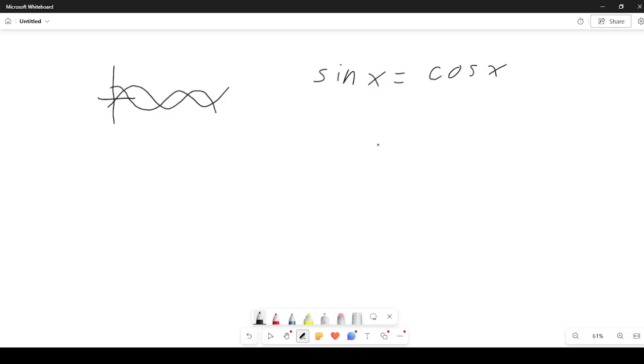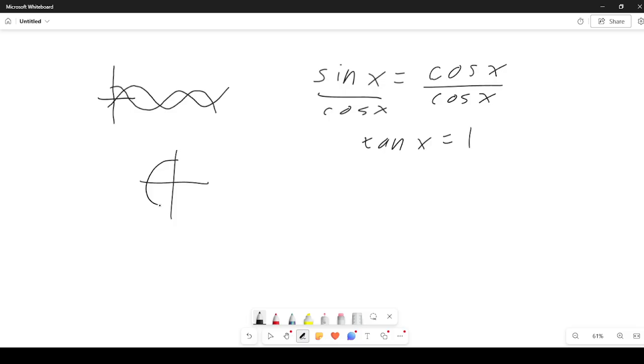Now, maybe you get this right away, but if you don't, what if we divide both sides by cosine? That's the same as saying tangent is 1, or sine equals cosine, whichever way you want to think of it. On the unit circle, here's a line of slope 1.